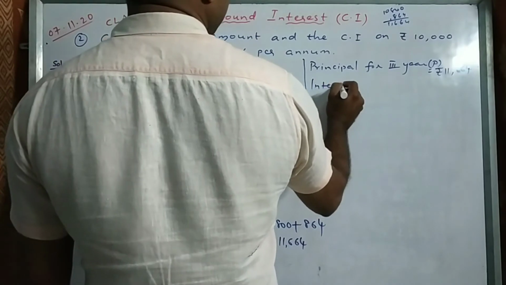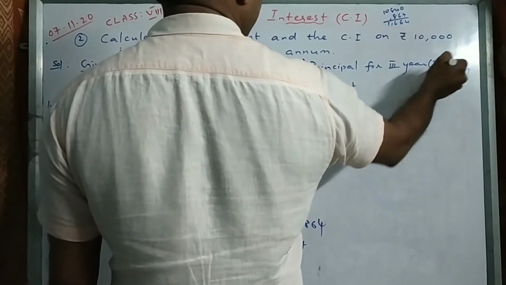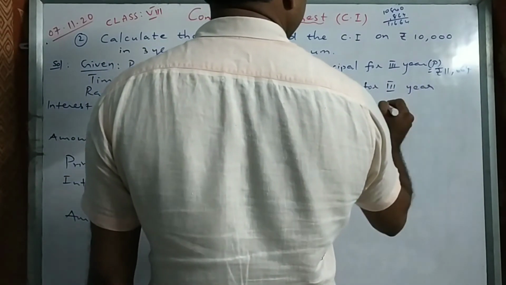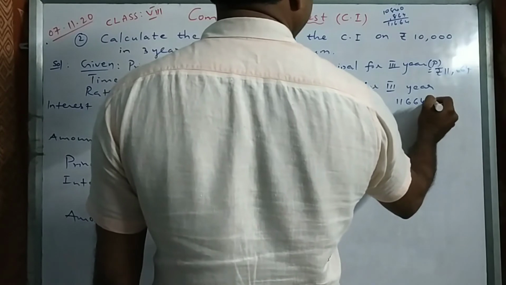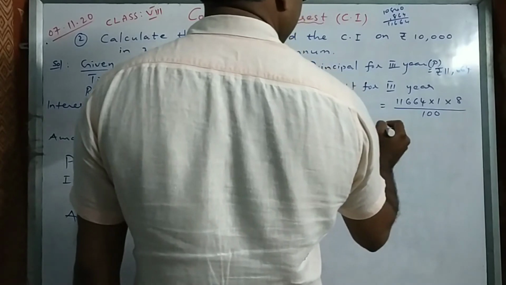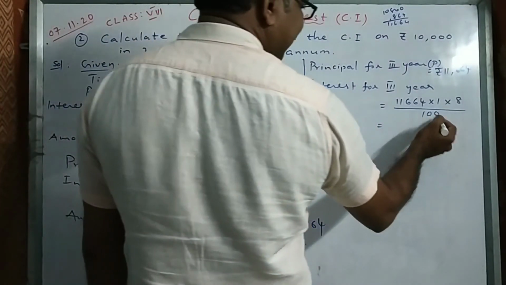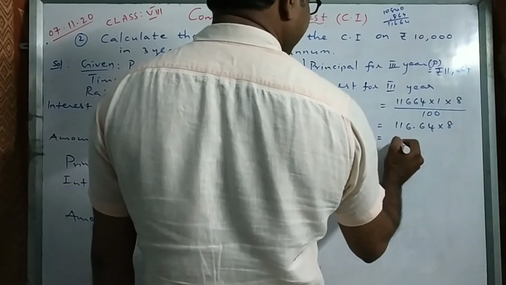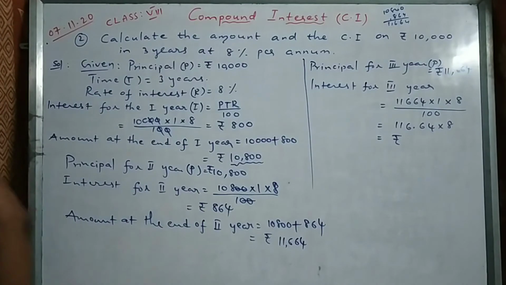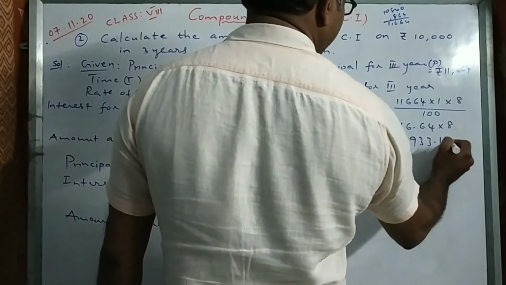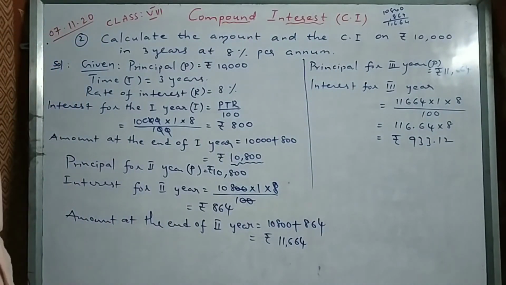Now interest how much? Interest will be calculated on this amount. Interest for third year equal to 11,664 into time 1 year, 8 upon 100. Since no cancellation here, I will take decimal point: 116.64 into 8, multiply. Then how much will you get? 933.12. 933.12 is the interest for third year.